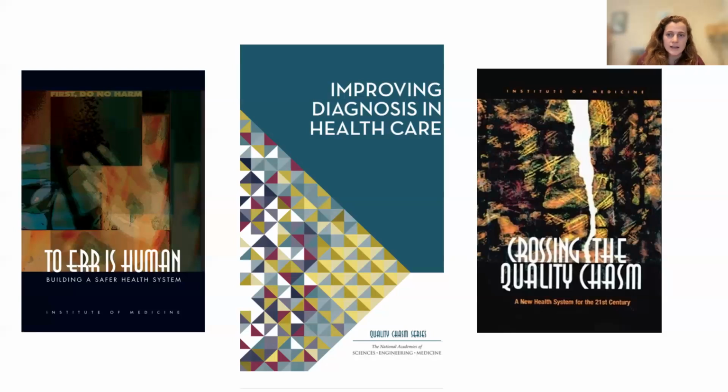And the ACGME now specifically includes clinical reasoning as a core competency in Milestones 2.0, reaffirming how important that skill is and how large an impact it can have when it's purposefully and intentionally taught to learners.